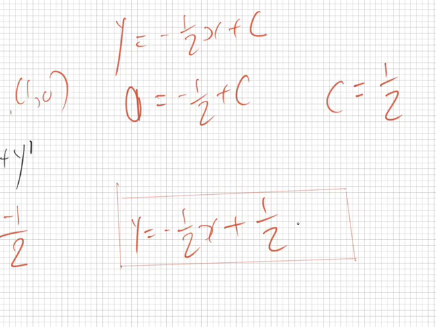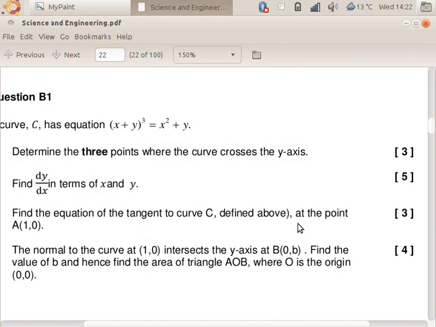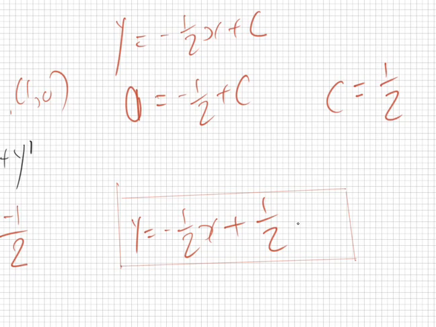Okay, last part now. The normal, so this is kind of annoying because for the last part you need to use the normal, and we just previously got the tangent. So before I go ahead, I'll get the normal here, which as you pointed out, Sarah, and someone else as well, the only difference is the slope is 2.